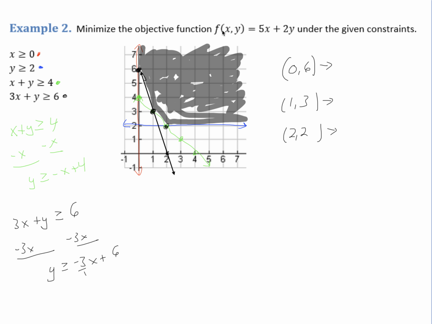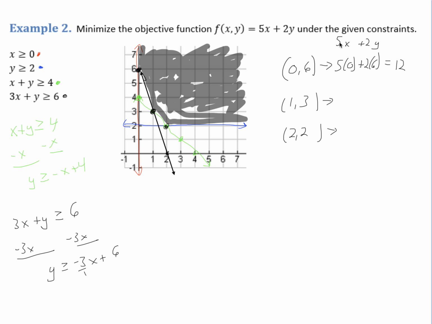This is written a little differently, but the function on x and y is 5x plus 2y. So we're going to plug in. 5 times x, which is 0, plus 2 times y, which is 6. 0 plus 12 equals 12.